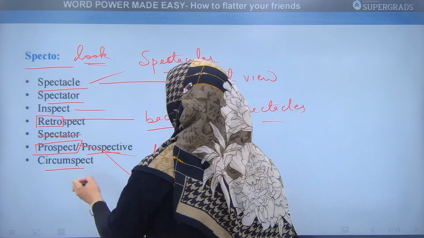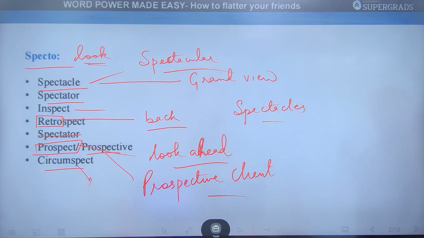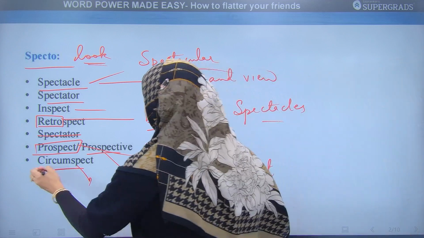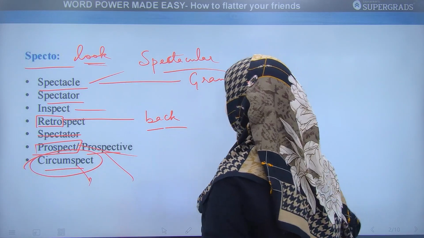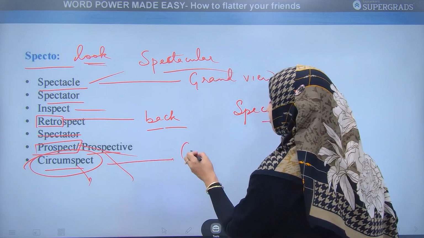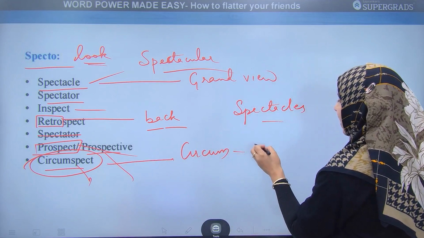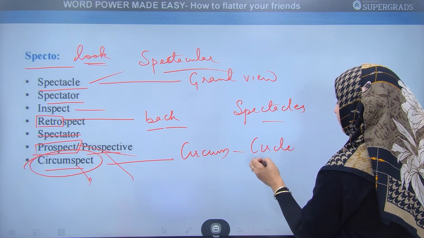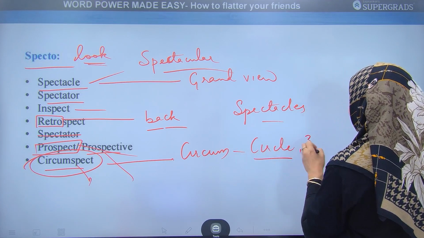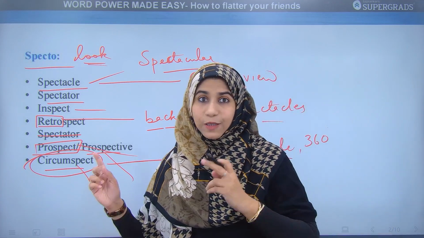One very important word that comes from this root, specto, is circumspect. What do you mean by circumspect? I think I've told you already that circum refers to anything that is round or related to a circle, or 360 degrees. And spect is to look.